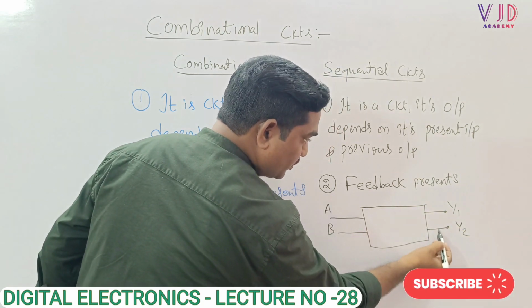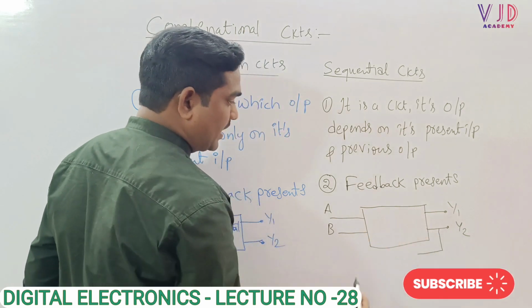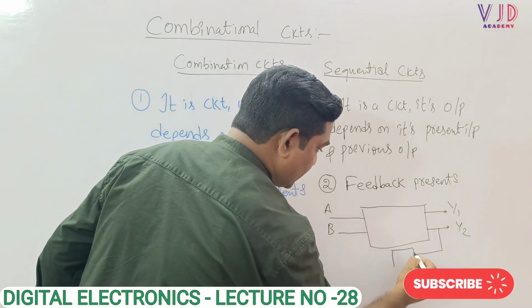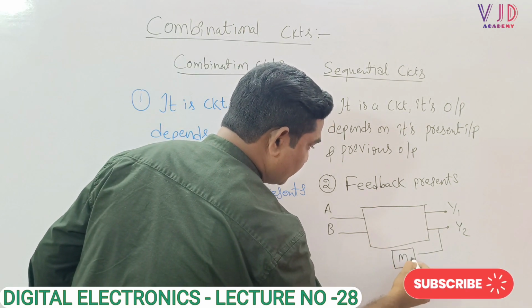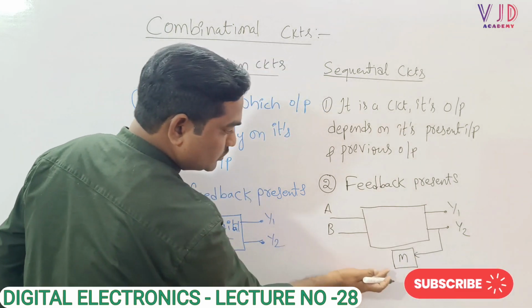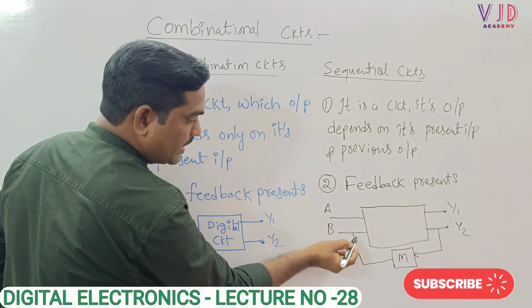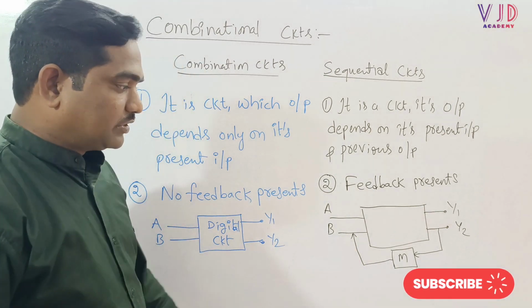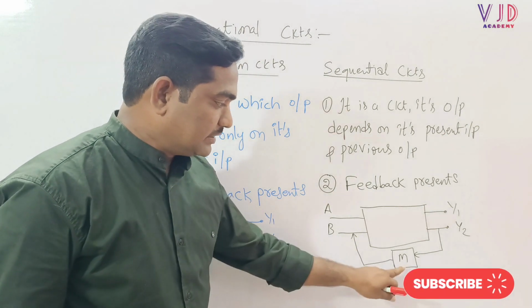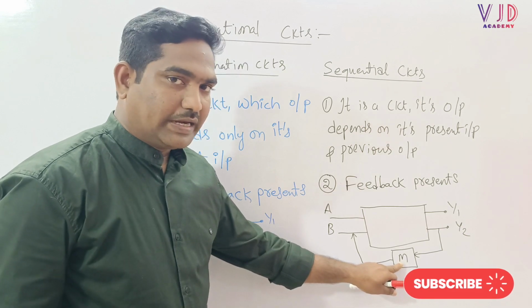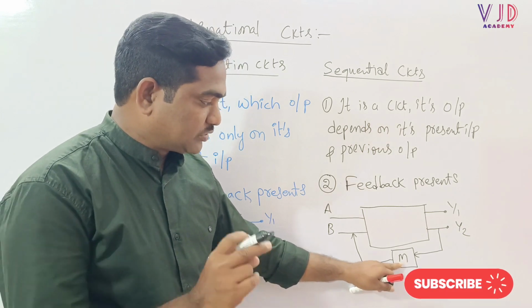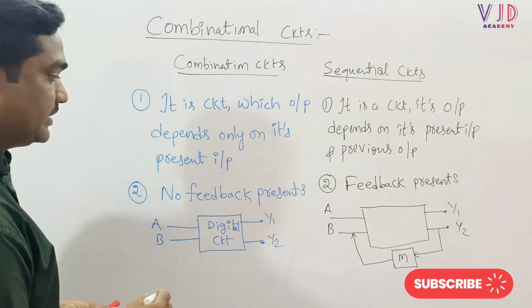One of the outputs will again connect back. Here we will take one memory, which is used to store one bit, and we connect it back to one of the inputs. So this is the feedback, and this is the memory, and it can act as a buffer. It can store one bit element, either 0 or 1.